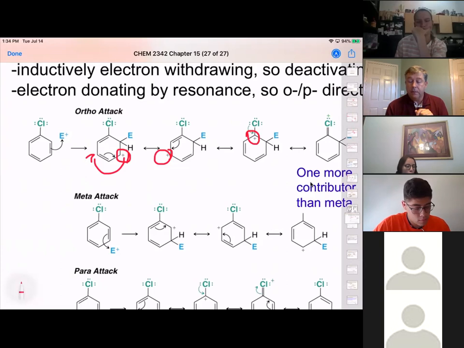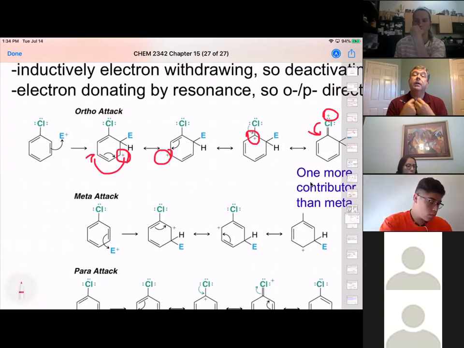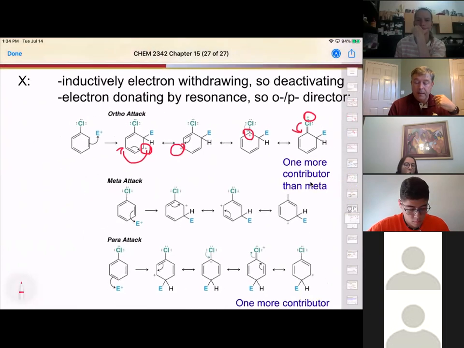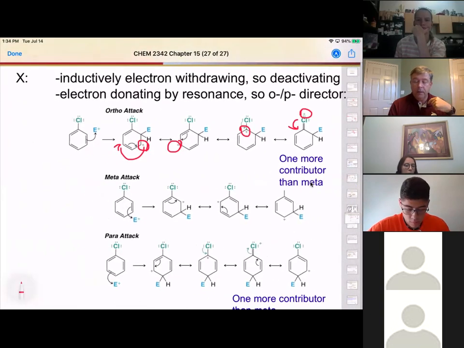However, it has lone pairs that it can donate in here and stabilize the positive charge off the ring. We have a new resonance contributor here where the positive charge is completely removed from the ring. Okay, and then of course, if those electrons come back in, we'll go back around. So we have a fourth resonance contributor that gives us that attack, and this fourth resonance contributor adds to the stability of the overall system.